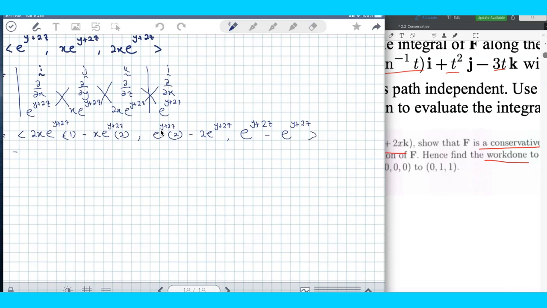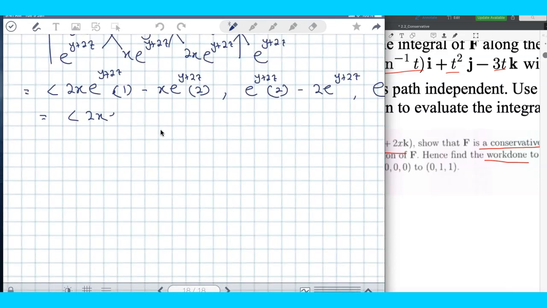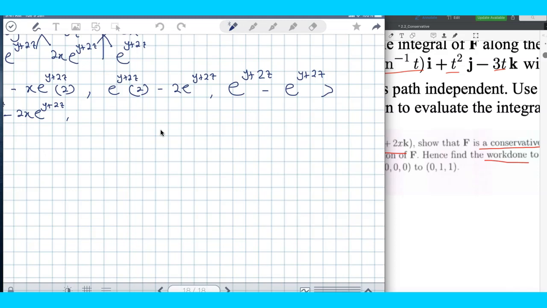When you simplify, you have 2x e to the y plus 2z minus 2x e to the y plus 2z. The second term, 2e to the y plus 2z minus 2e to the y plus 2z.